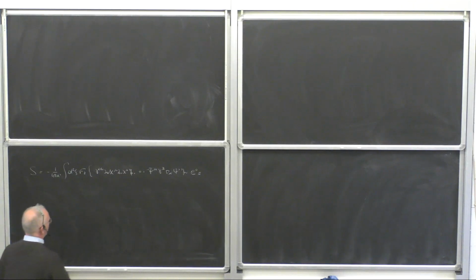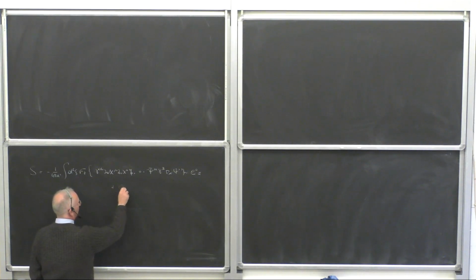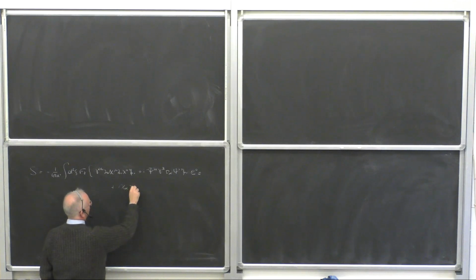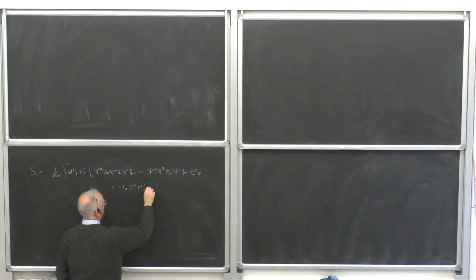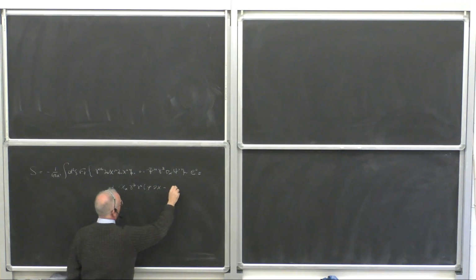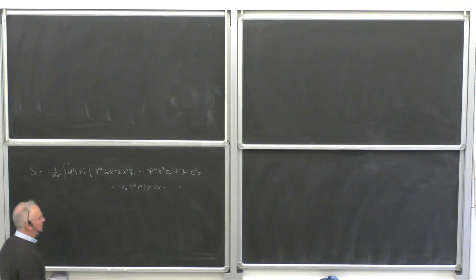Then there is an additional term which contains the gravitino in the following form. I used this kind of indices. There is a B, there is an A, then there is another term here, which involves the psi's, the derivative of x, and another term which involves the gravitino and psi itself.